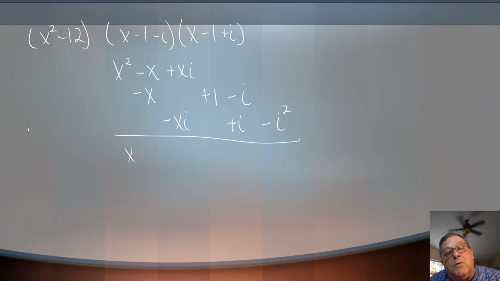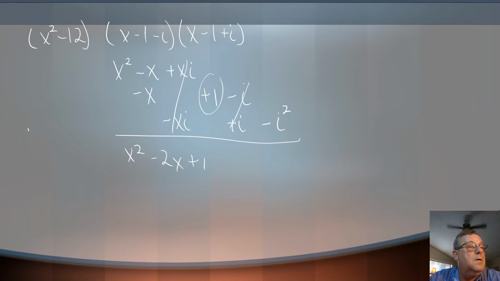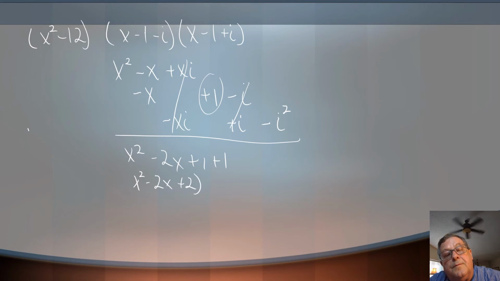So we got x squared minus 2x. These are going to cancel. I got a plus 1 here. The negative i, positive i is going to cancel. So I got plus 1. And then what is negative i squared? That's negative times the negative 1. Negative 1 times negative 1, that's going to be positive 1. All right, and so when we finally combine all like terms, we got x squared minus 2x plus 2.